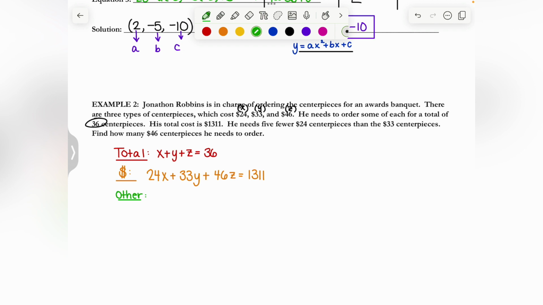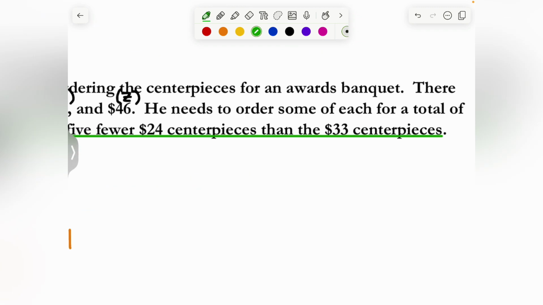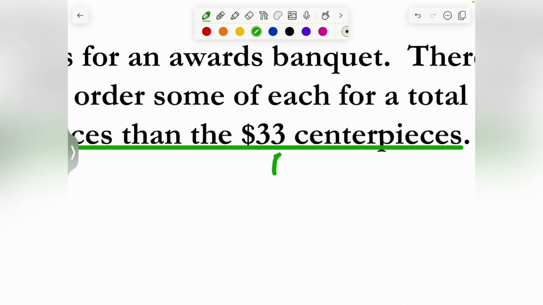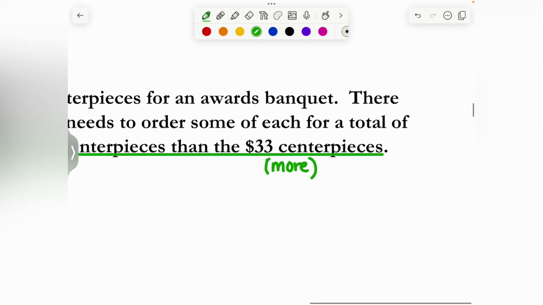The hardest equation is going to be the other one, because we do need one other equation. They're going to give me one other piece of information. This is it: he needs 5 fewer $24 centerpieces than $33 centerpieces. This one always confuses me, so I always write down which one has more.